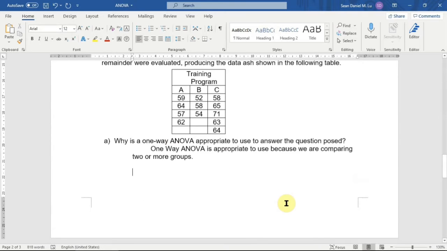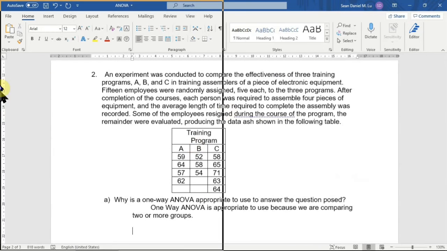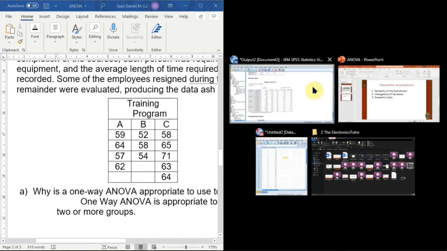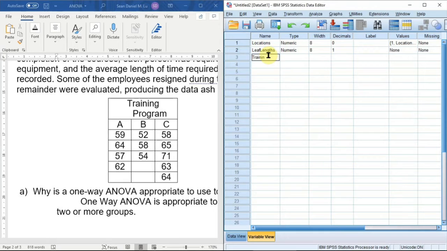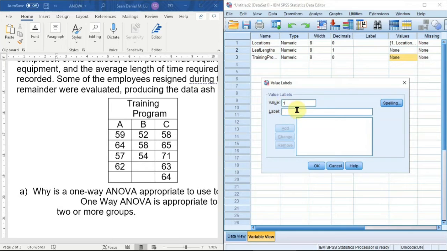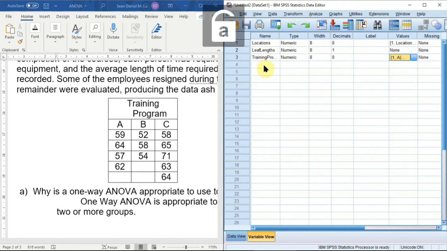Like what we've done before, let's input the data. Assembly.